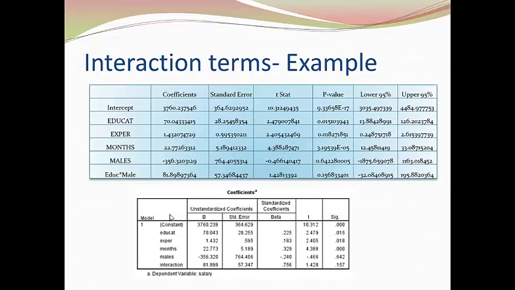So here I have my printouts in both Excel and SPSS. And I'll need to conduct a partial F test in order to see whether or not the new coefficients, males and the interaction term, are in fact statistically significant, because now, in effect, I have more than one dummy variable and hence more than two choices.